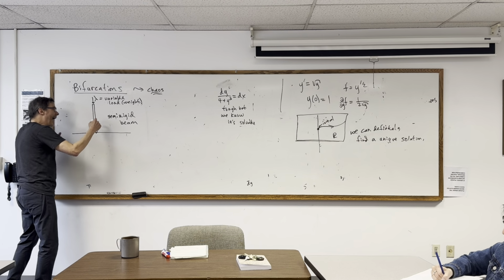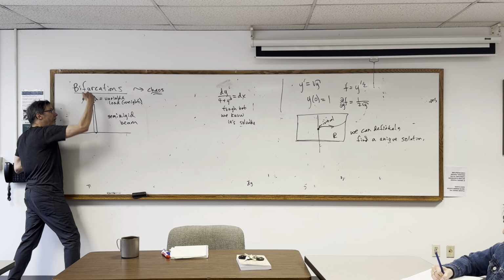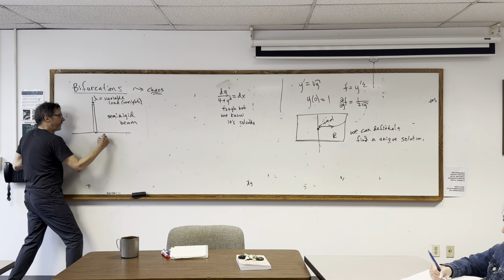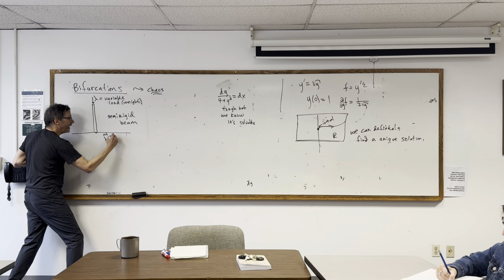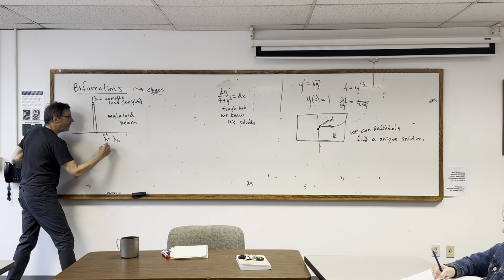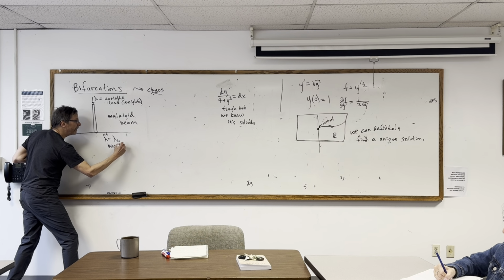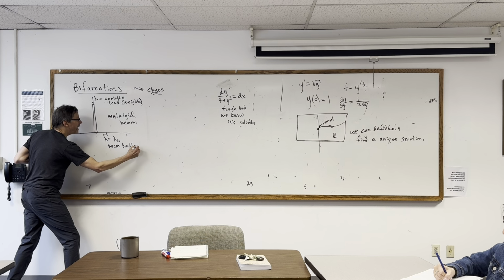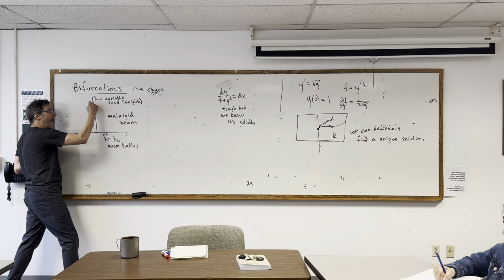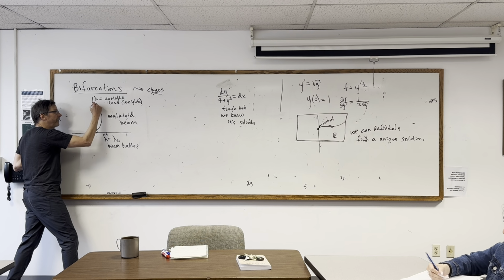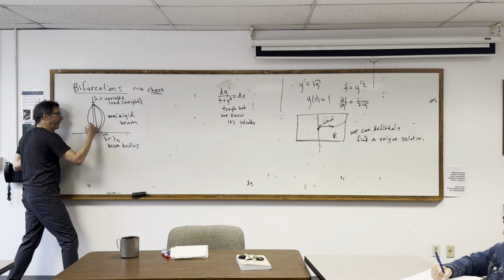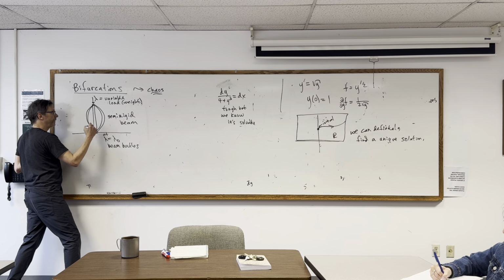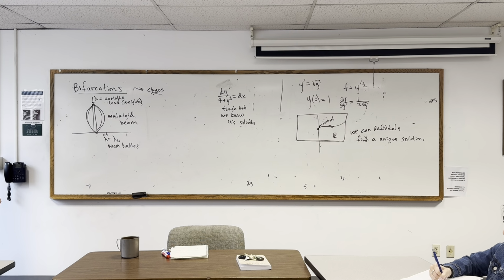So what will happen is at some critical load, let's say at lambda equals lambda naught, the beam buckles. And it can buckle two different ways. It could buckle like this, or it could buckle like this. But it's a massive change of state.